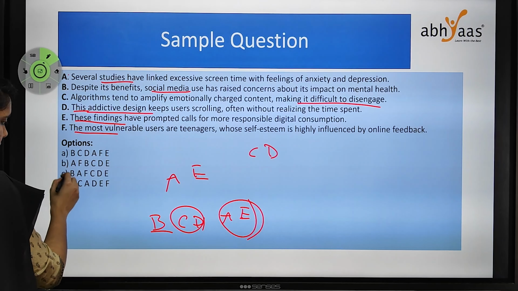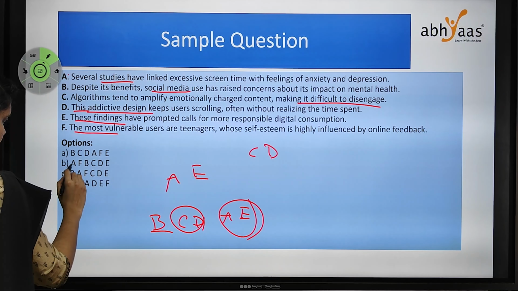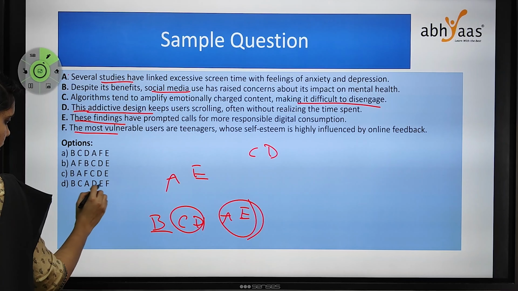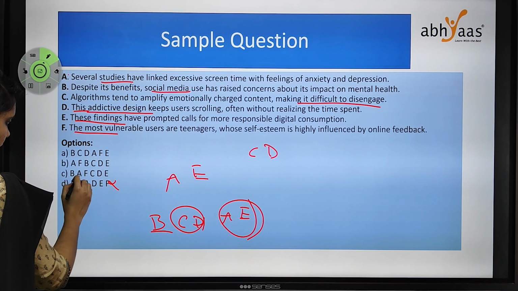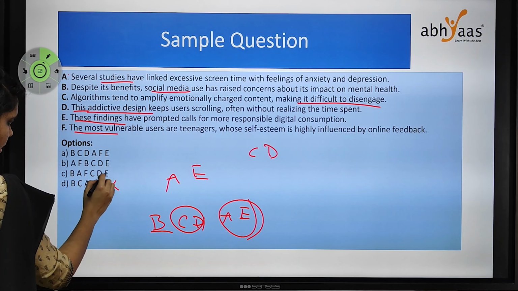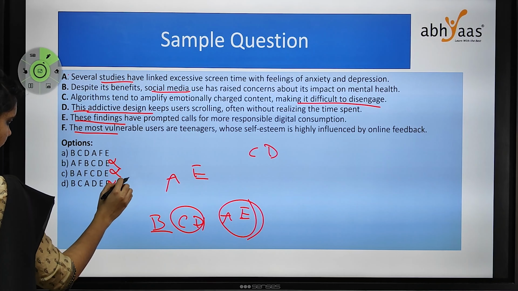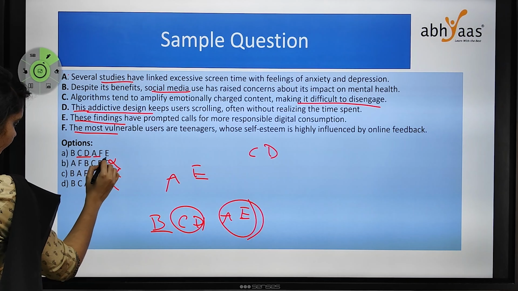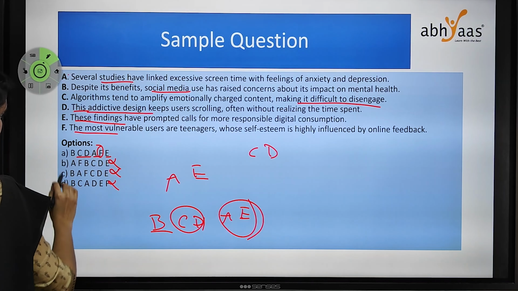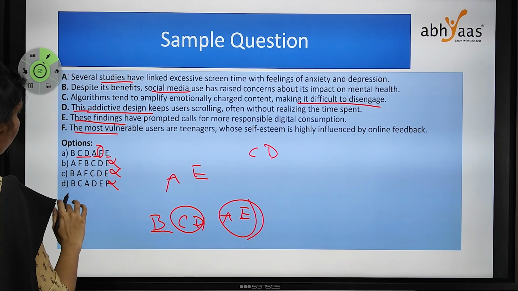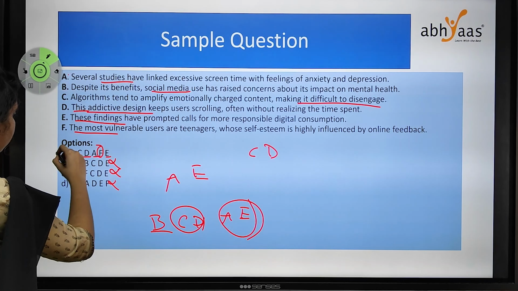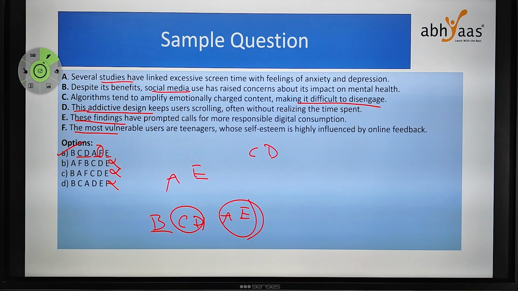We have B, B, B. We have C, D, no, we don't have this. We have A first and then C, D, so it can't be this. B is not the starting one. Yeah, we have C, D, we have A and D. Even though F comes in between, I think this would be the closer answer than any of these. A should be your answer if you look at that.